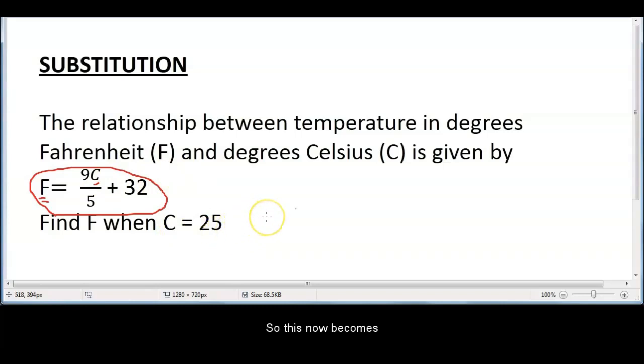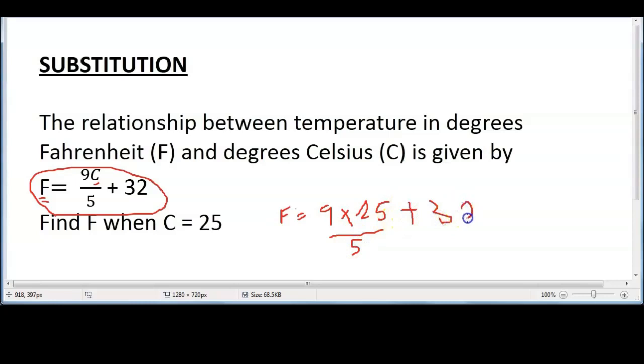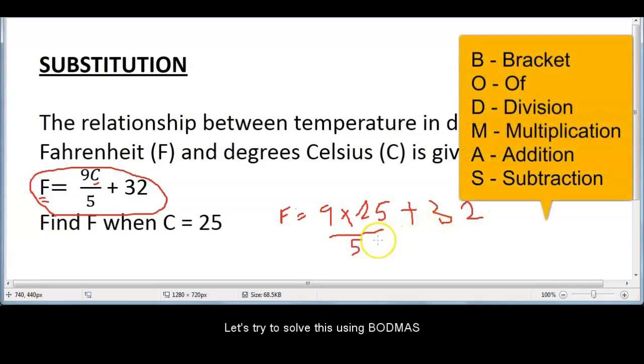So this now becomes F is equals to 9 multiplied by 25 instead of C, all over 5 plus 32. Let's try to solve this using BODMAS.